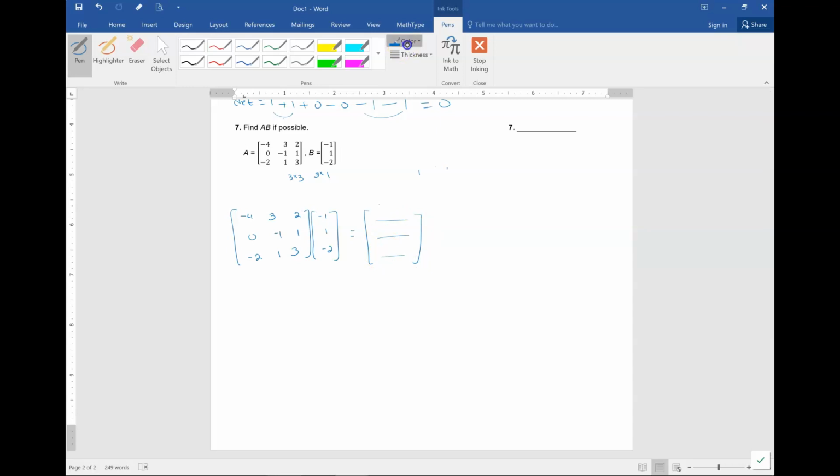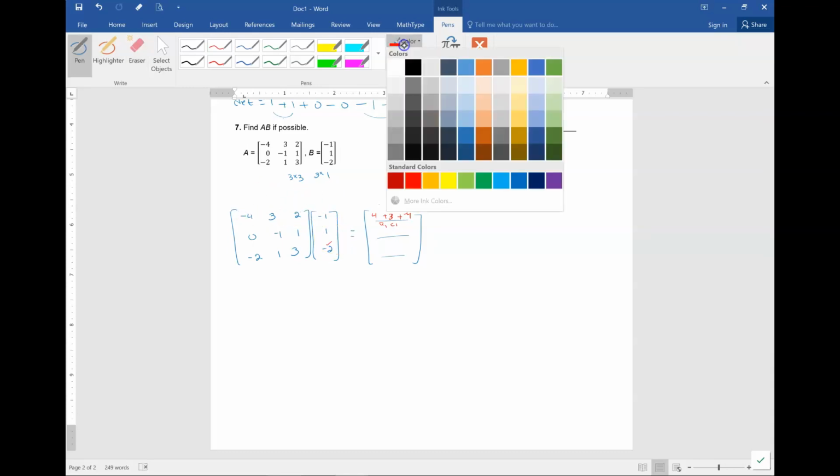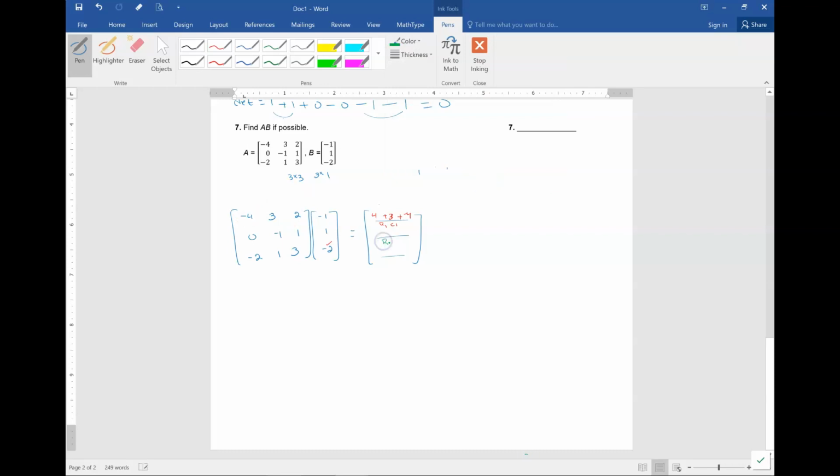And the first one, right, this is row 1, column 1. So I take row 1 with column 1, and I multiply first number with first number, so that's 4. 3 times 1, so plus 3, plus 2 times negative 2, negative 4. Second, I want to do row 2, column 1.